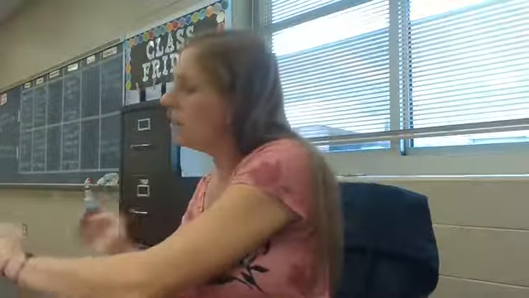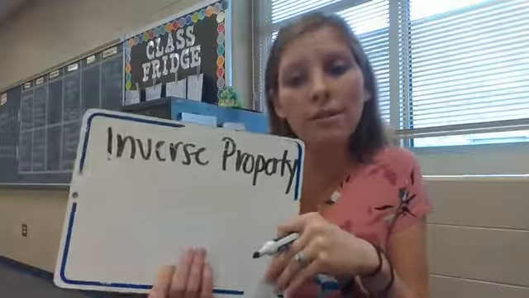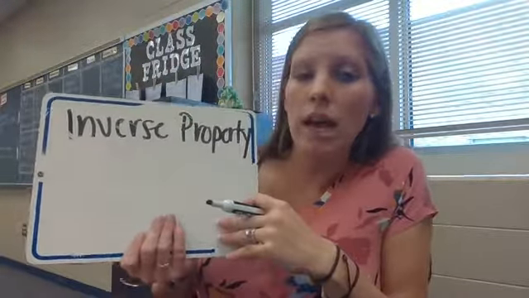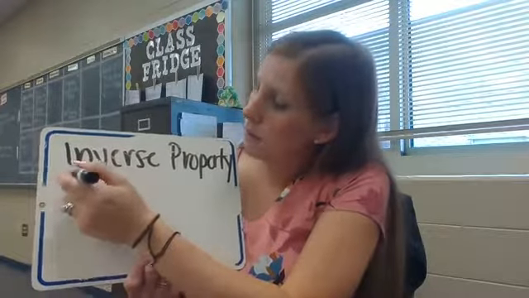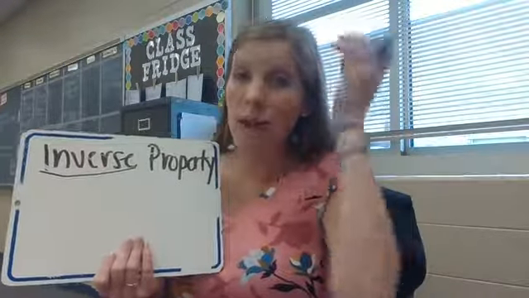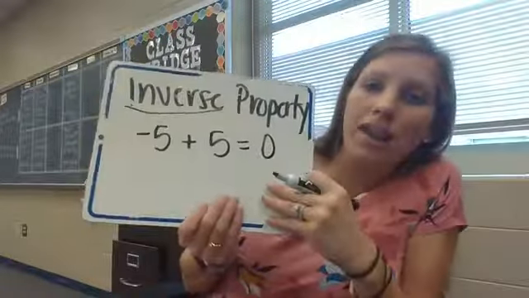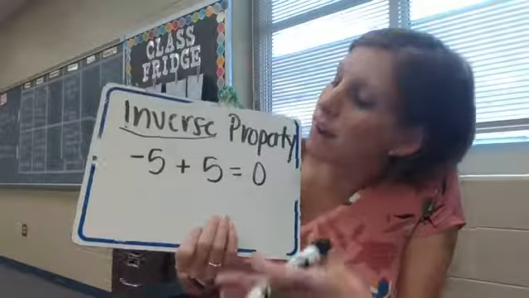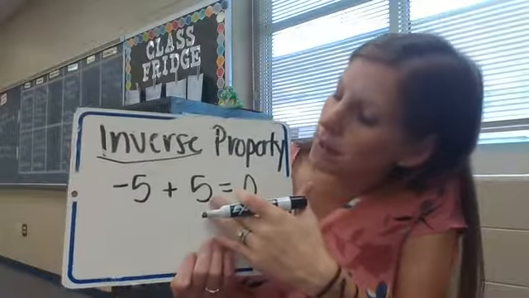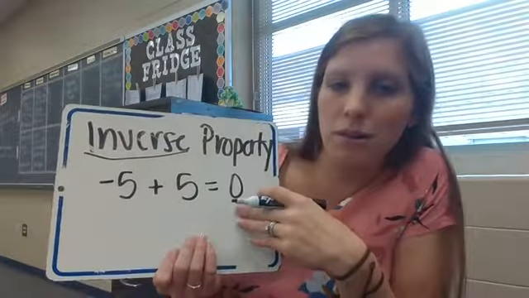We're almost done. The next one that I have is the inverse property. Inverse, remember, means opposite. When we talked about solving equations, inverse meant opposites. And so this is the one where we're going to have positive and negative numbers. For example, -5 plus 5 equals 0. They cancel each other out. If I'm $5 in debt and I pay $5 back to that person, now I owe them $0.